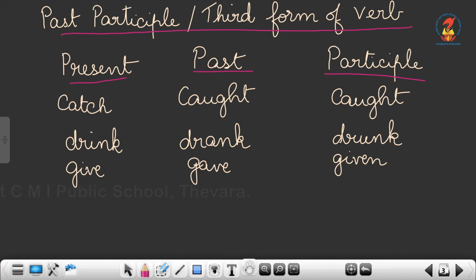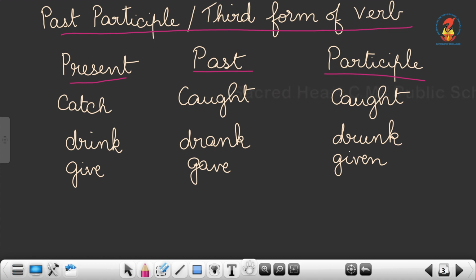One is present form, that is base form of the verb. Second is past form of the verb. When we write in past tense, we use past form of the verb. And the third category is past participle form of verb, okay.